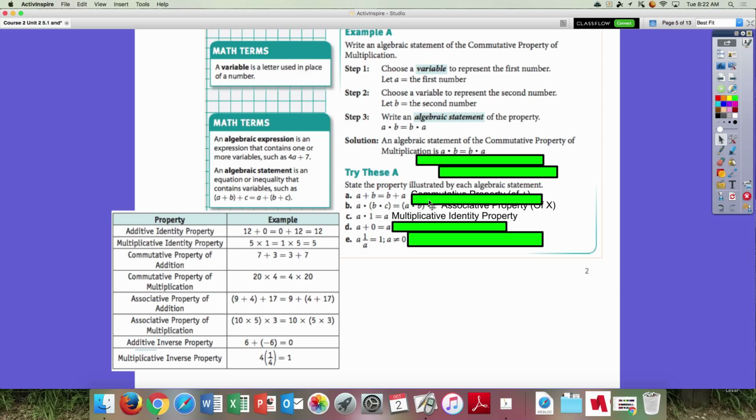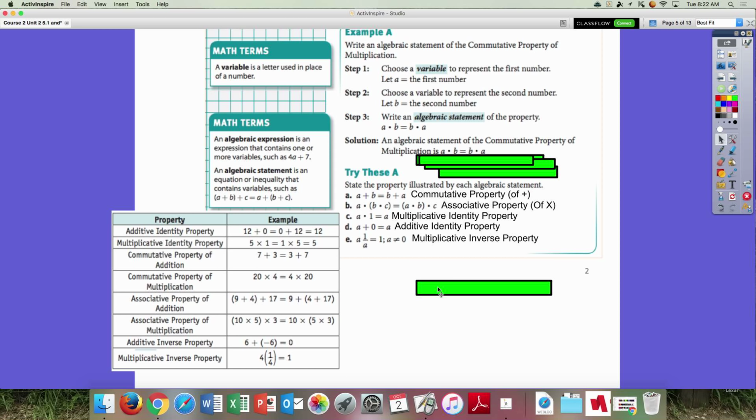So that's kind of like your identity, right? My identity is not changing, even though I'm multiplying it by 1. My identity is not changing, even though I'm adding 0. And then a number times its reciprocal, right?